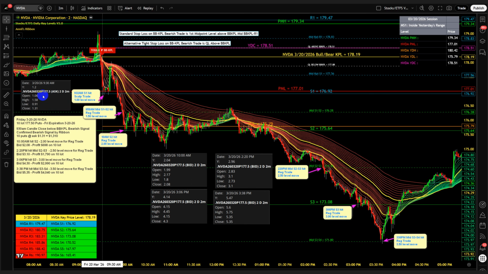So NVIDIA and stocks in general do not have expirations every day like QQQ and SPY do. On Fridays, that happens to be 0 DTE options for most stocks. On some stocks that do not have many options, sometimes they just have the third Friday of every month as the expiration, as opposed to each Friday in the month.